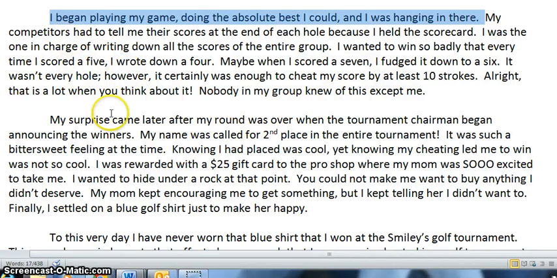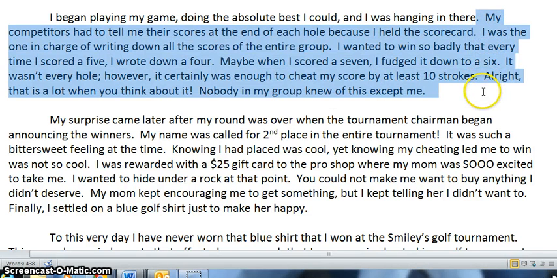So let's read this paragraph as we go through here. The claim: "I began playing my game, doing the best, absolute best I could, and I was hanging in there." Now, after that, the remainder of this paragraph is everything about my golf game. We're sticking to one topic per paragraph. Let's read about it. This is the evidence. "My competitors had to tell me their scores at the end of each hole because I held their scorecard. I was the one in charge of writing down all the scores of the entire group.